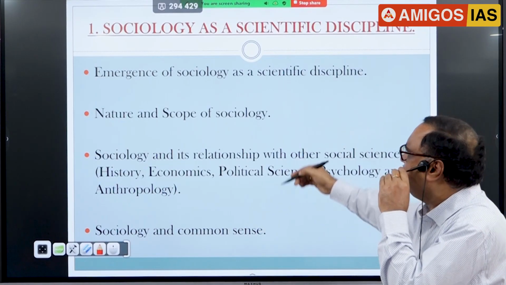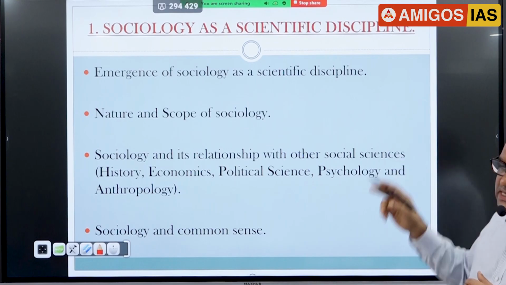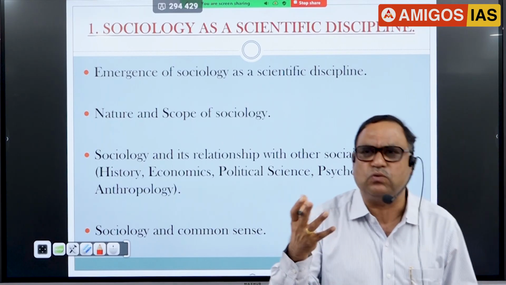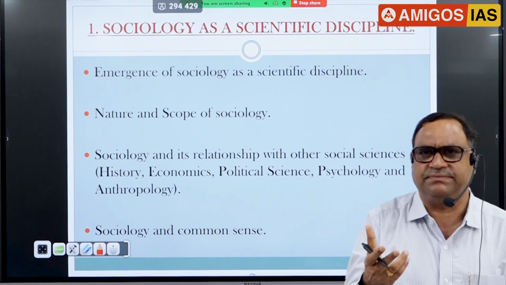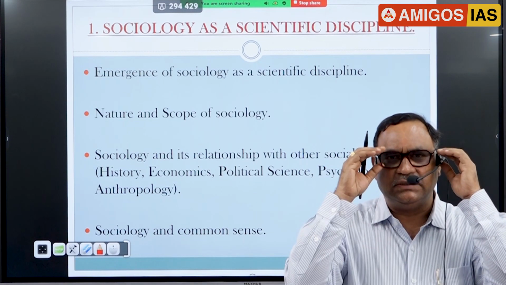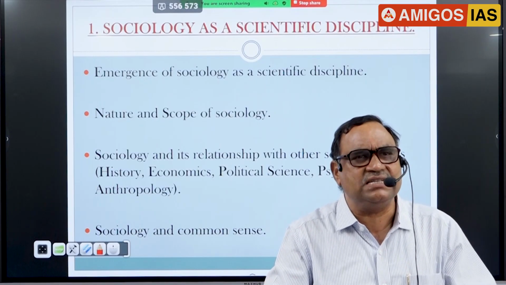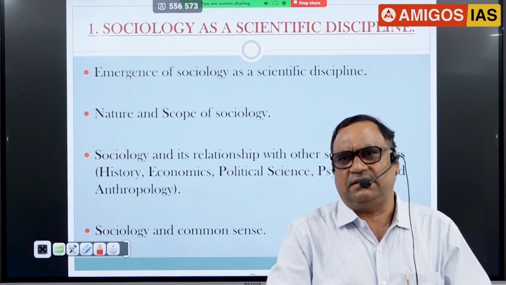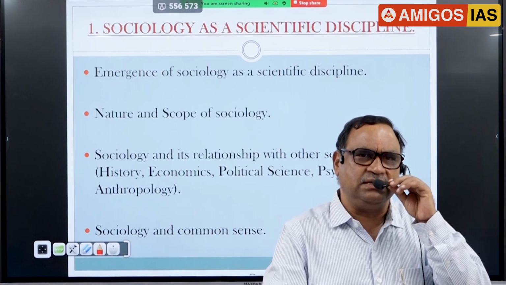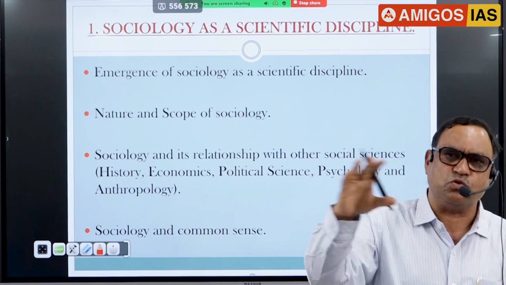So the important topic under this component is emergence of sociology as a scientific discipline. That means how sociology has emerged as a scientific discipline. In fact, sociology has emerged as a scientific discipline in the beginning of 19th century. Sociology is considered as one of the youngest social sciences when compared to other social sciences.